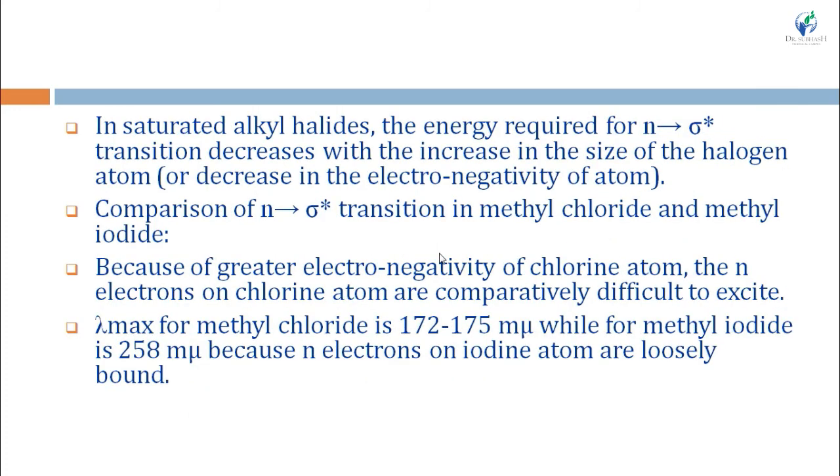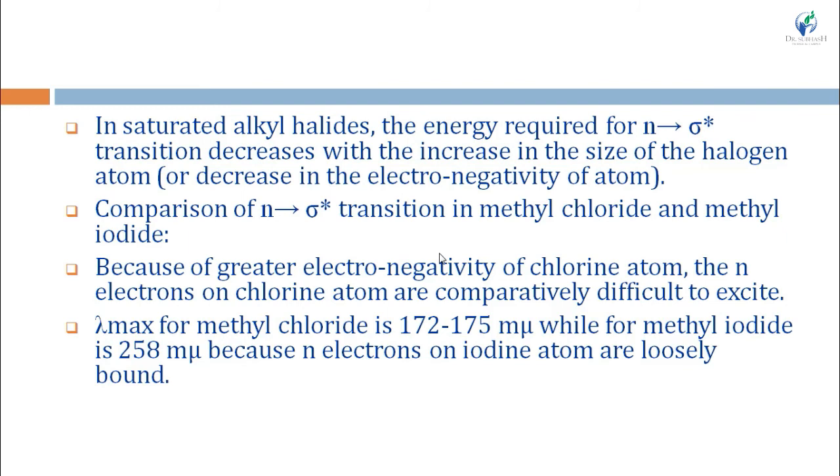In saturated alkyl halides, the energy required for n to sigma star transition decreases with increasing size of the halogen atom, or with decreasing electronegativity of the atom, because as the size of the halogen atom increases, its electronegativity decreases, and the energy required also decreases.